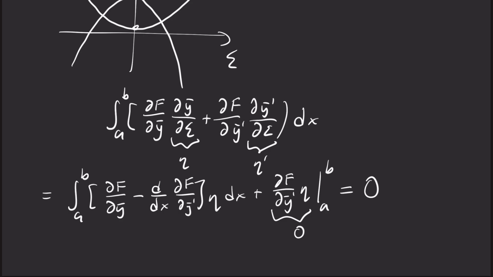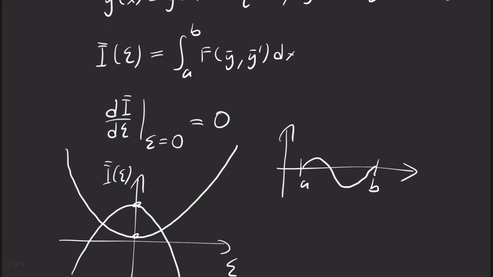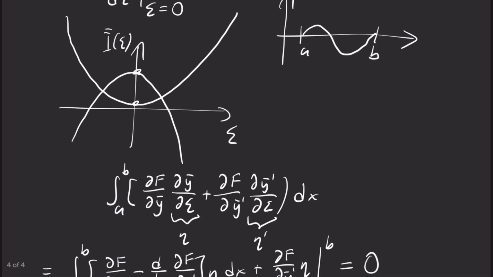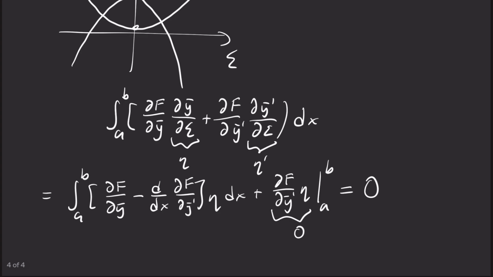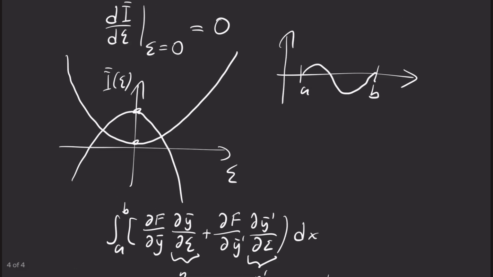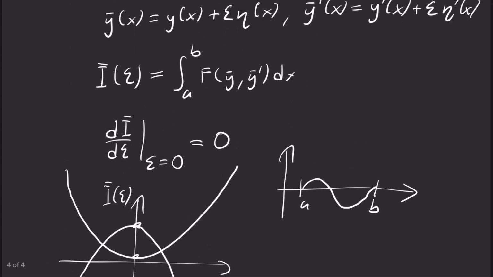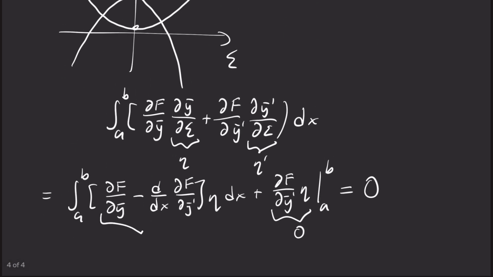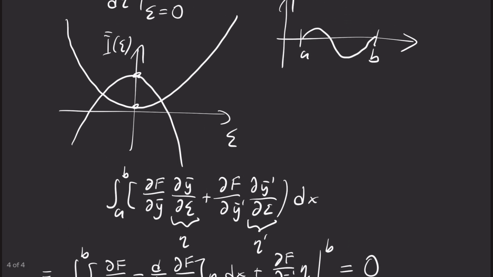And since we already stated that the derivative is supposed to be 0, that means if eta can be any function we want, as long as it's 0 at a and b, then that means this must be 0. And from there, we get the Euler-Lagrange equation.